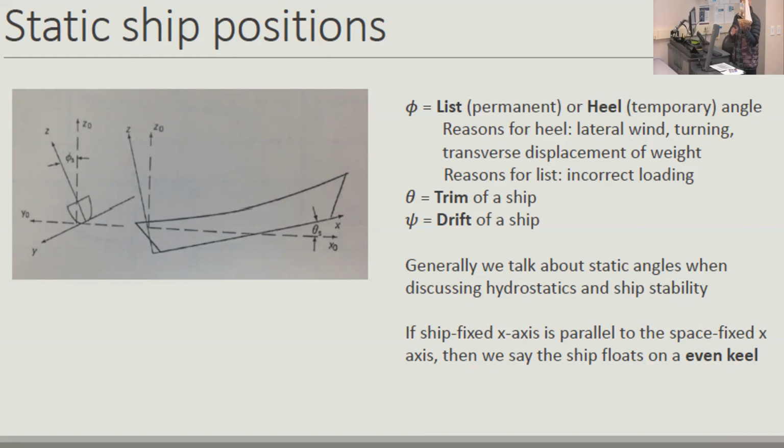If you have a slight roll, calm water, the ship is listing to the side, okay? This is called list, so rolling about the longitudinal axis. Why can this happen? Why can a ship or a boat list? So this is straight, this is listing.